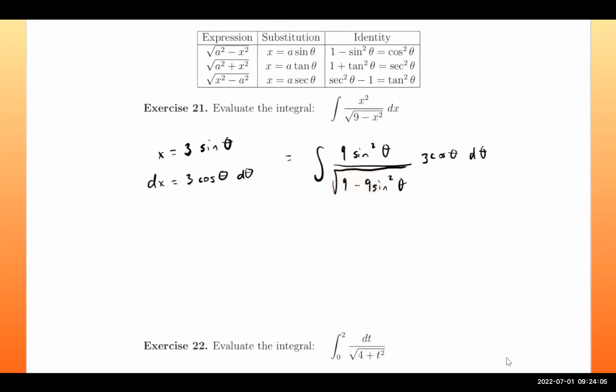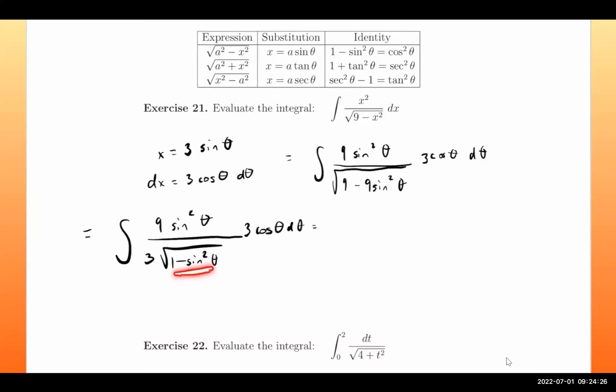All right, now you can factor out a 9 from here, and then when you factor out the 9, you can take the square root of the 9, which becomes 3 on the outside of the square root. So that's going to make the integral look like this: 3 radical 1 minus sine squared theta, 3 cosine theta d theta. This can be written as cosine squared, as you can see from here.